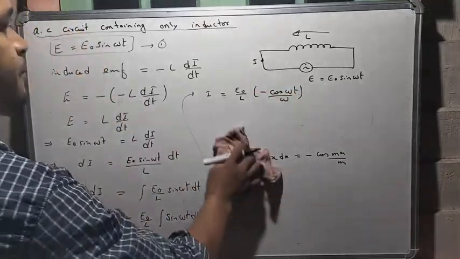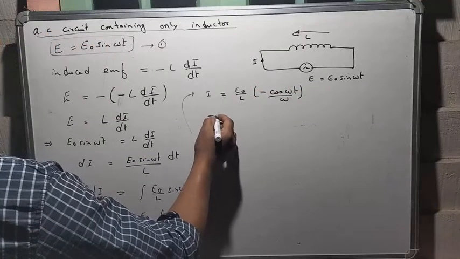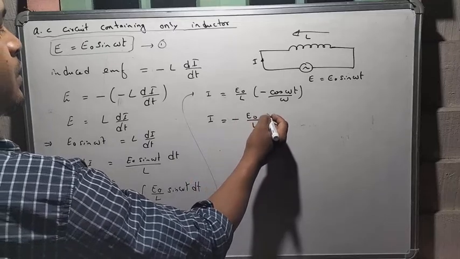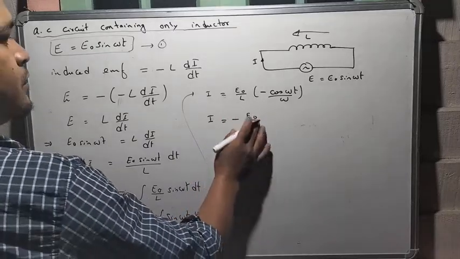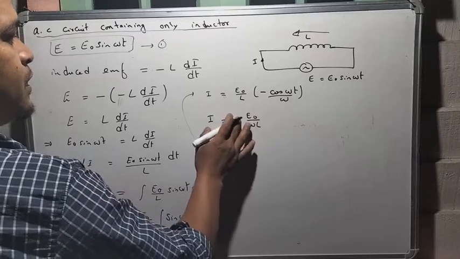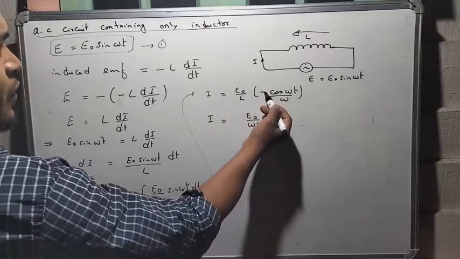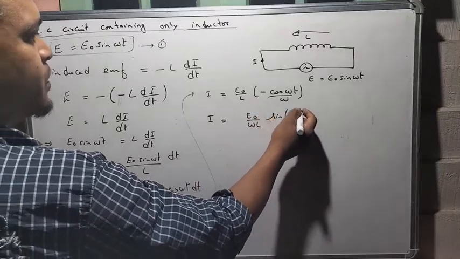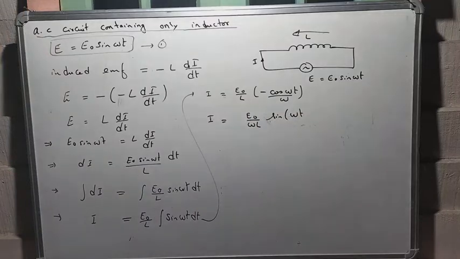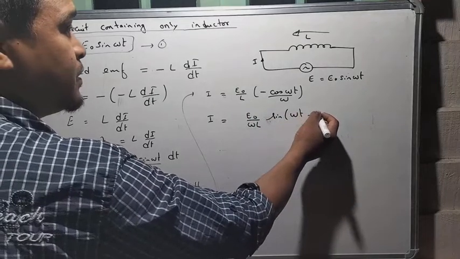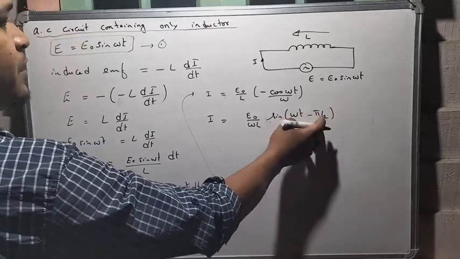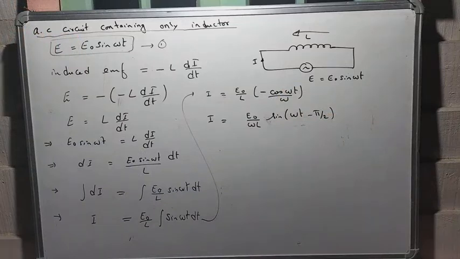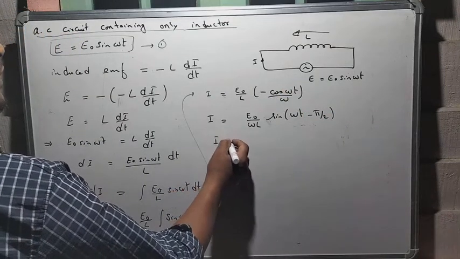Or I will say this current I is equal to minus E naught upon omega L cos omega t. If I want to get rid of this minus sign, then I will write this as sine omega t minus pi by 2, because sine omega t minus pi by 2 is equivalent to minus cos omega t.